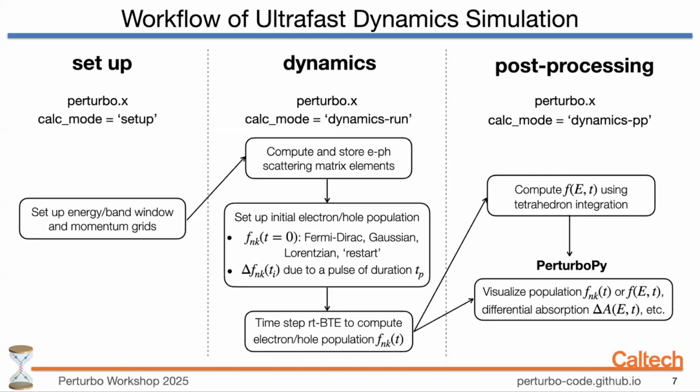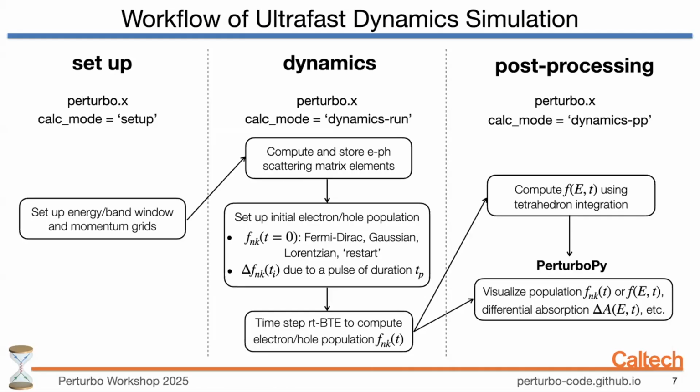Starting from the EPR file, all the dynamics simulations only use perturbo.x or the Perturbo-Py post-processing tools. The first step of setting up is using the calc mode called setup to set up the energy band and energy windows as well as the momentum grids, so that we have a minimal number of grid points or electrons involved in the calculation.